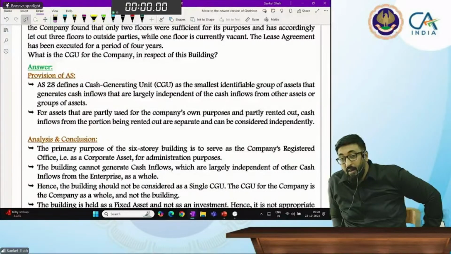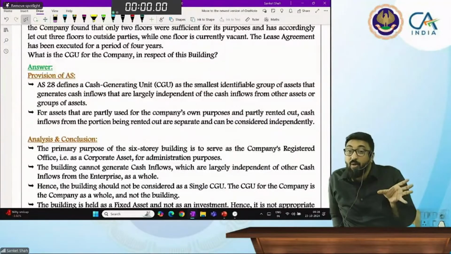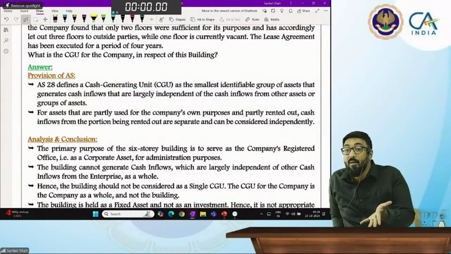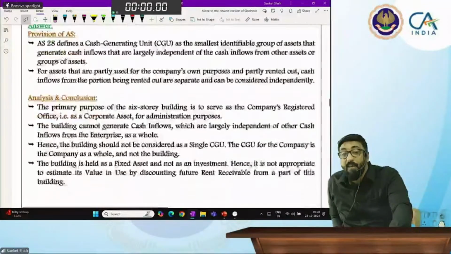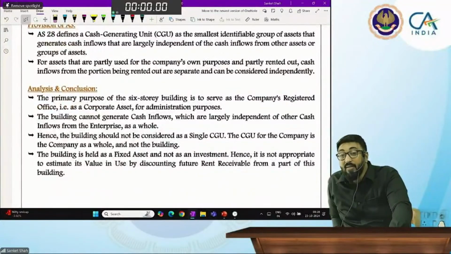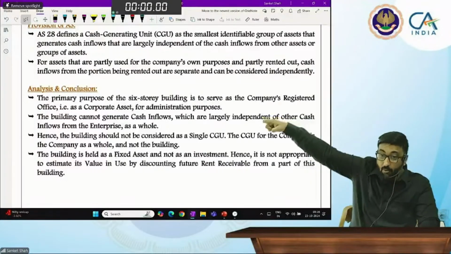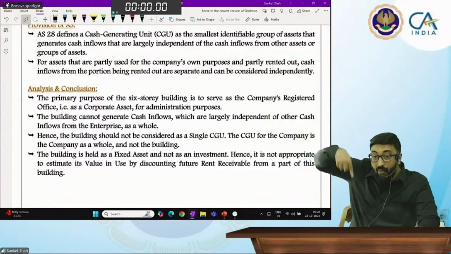See, I will consider the CGU only for the company, not the portion I have given for rental purposes. The building is held as a fixed asset and not as an investment, first thing. And remember, I won't consider the cash inflows which are rent inflows while calculating the value in use.